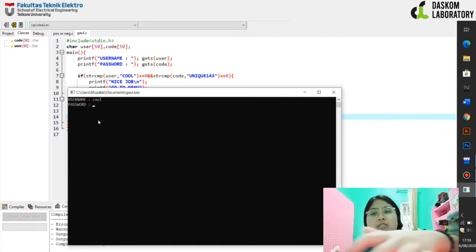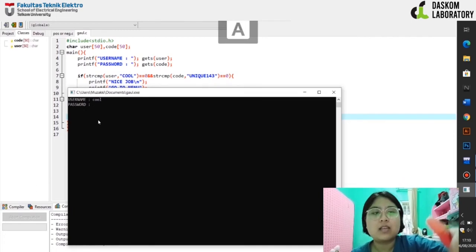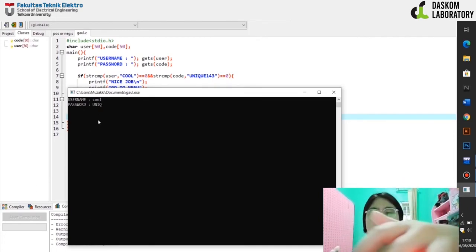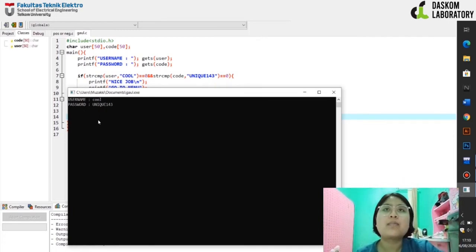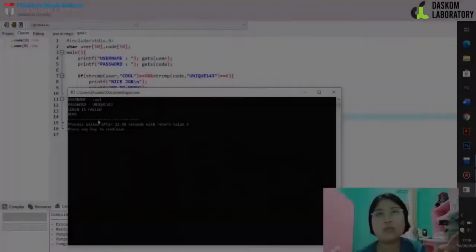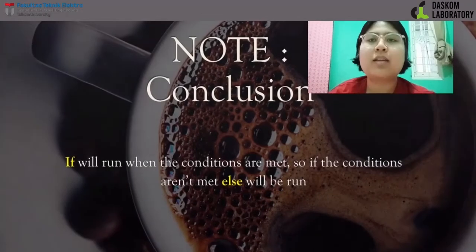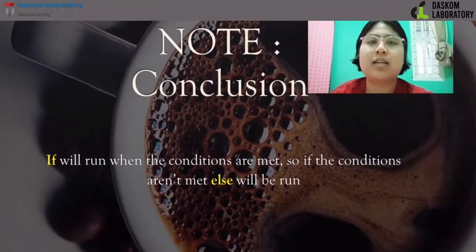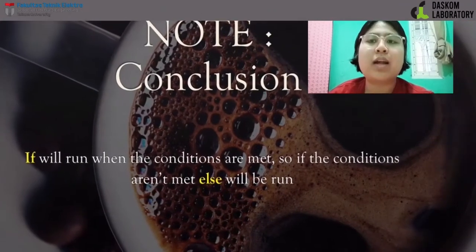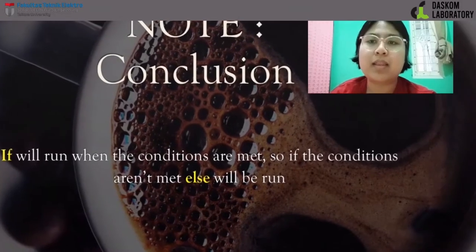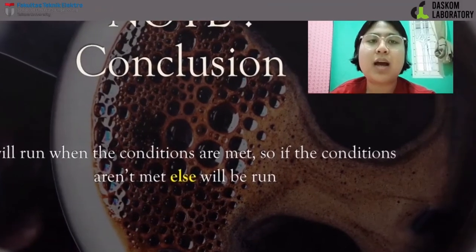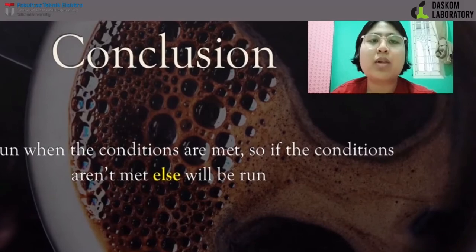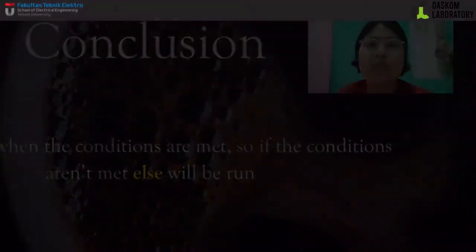Password unique143, but this program will output login is failed and home. Okay, so the conclusion is that if is run when the conditions are met. If the conditions are not met, else will be run. Thank you.